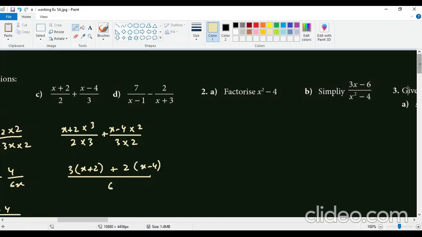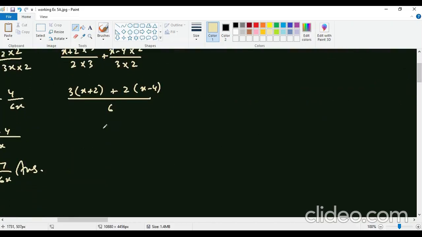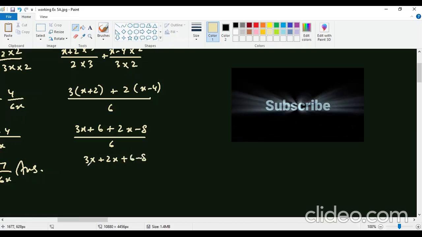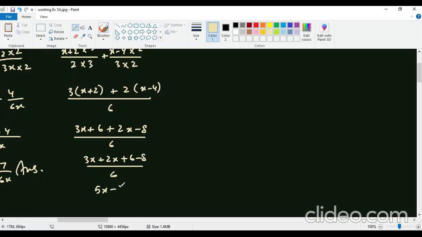Now in here what is happening is 3x plus 6 plus 2x minus 8 over 6, and I will write like terms together, plus 6 minus 8 over 6. So this is going to give us 5x minus 2 over 6. This is going to be your final answer.